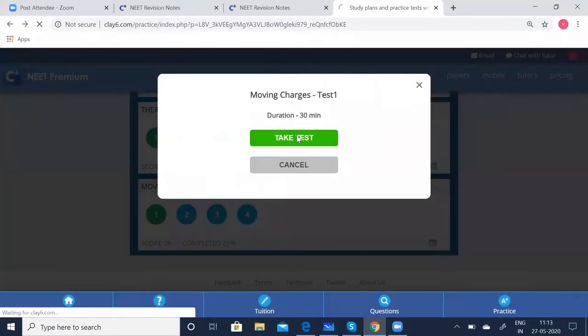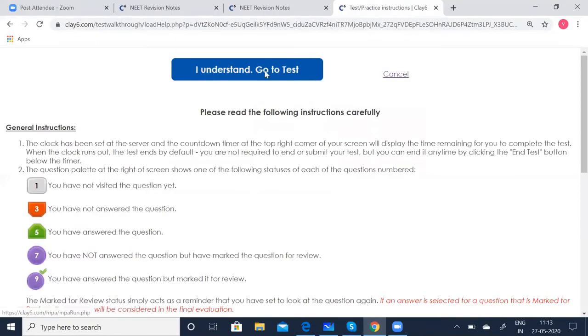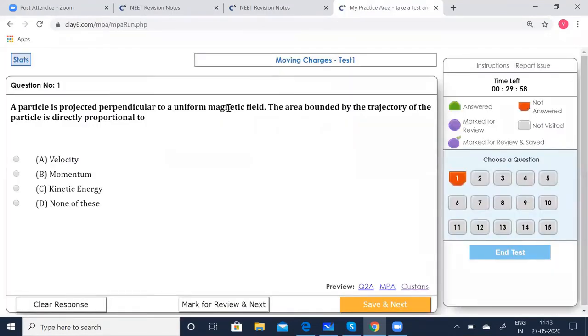Click on take test. Understand, go to test. So question number 1. A particle is projected perpendicular to a uniform magnetic field.